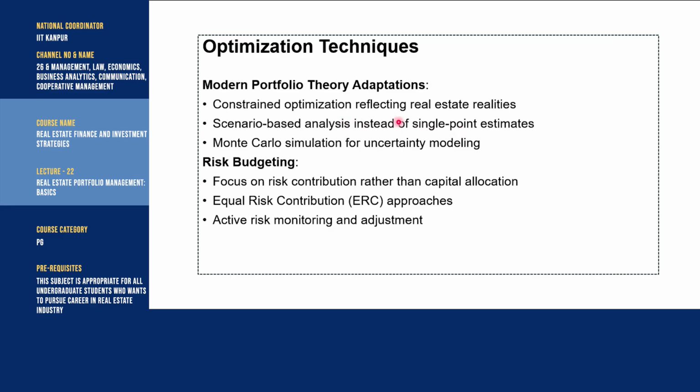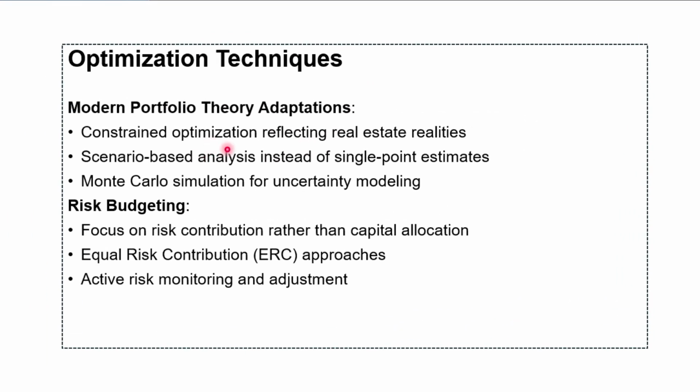You can't optimize purely on mathematical grounds without considering practical implementation constraints. Then we have scenario-based analysis, which replaces single point estimates with multiple potential outcomes reflecting the uncertainty inherent in the real estate market. This approach considers various economic scenarios rather than assuming a single expected return.